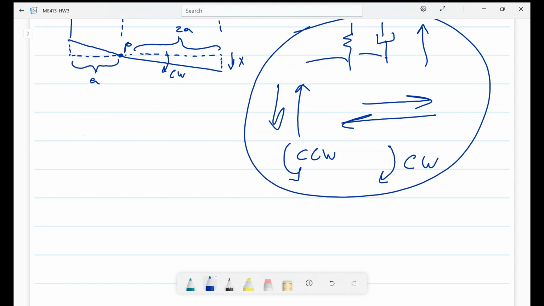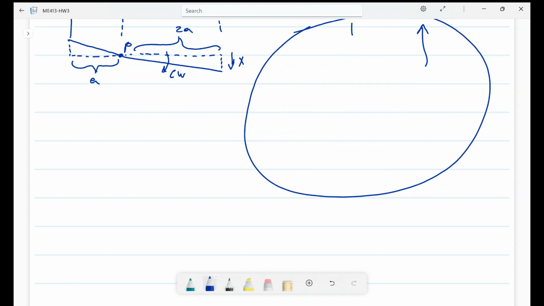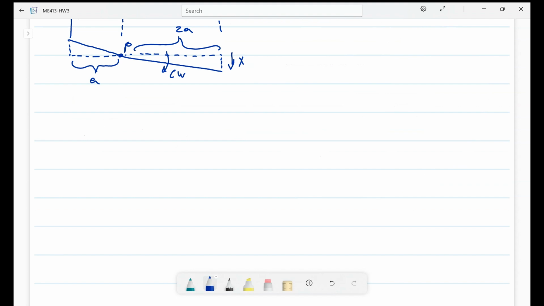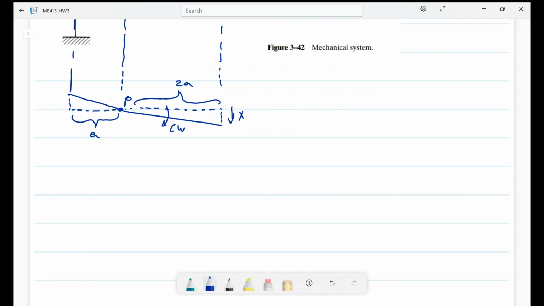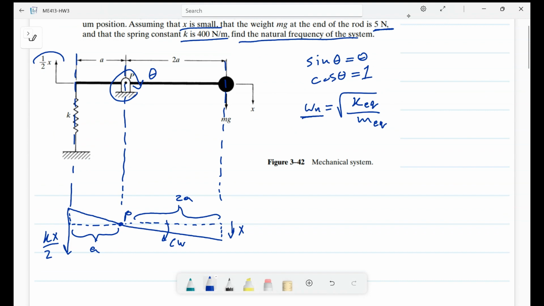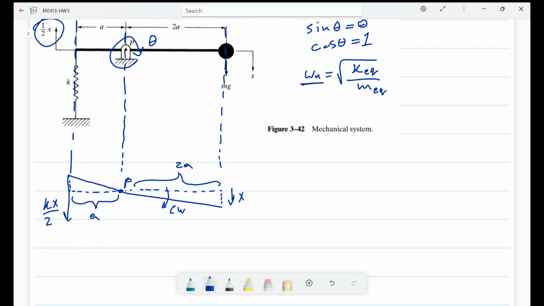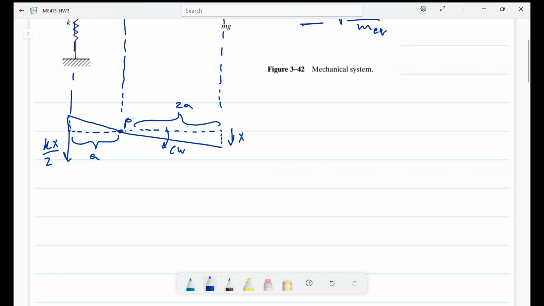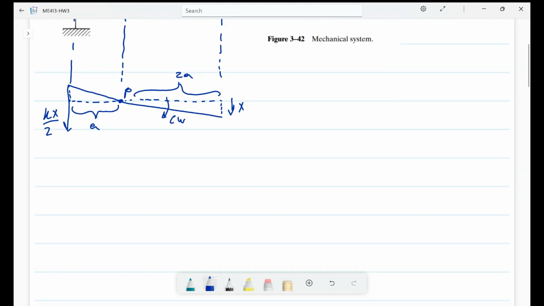Now what is the direction that could help us make our system resist rotation in clockwise? It is in this direction. So our kx over 2, which is here, we multiply by x over 2 because this is our degree of freedom. In this location, it will resist the movement of our system in the clockwise direction.